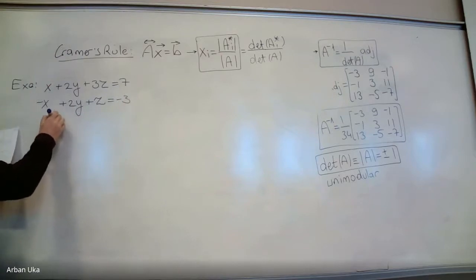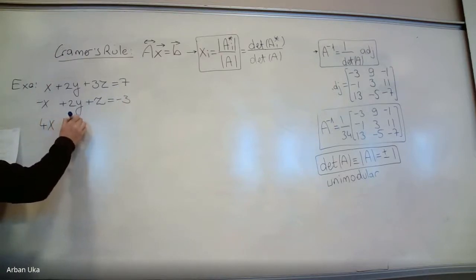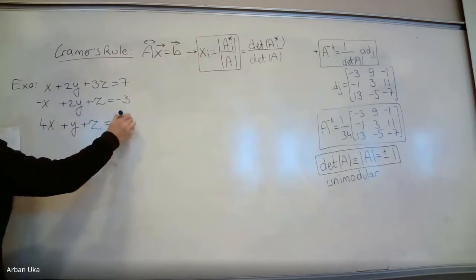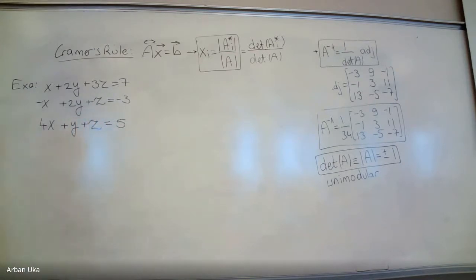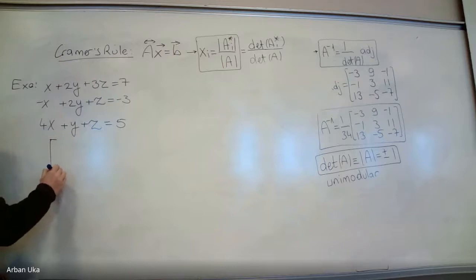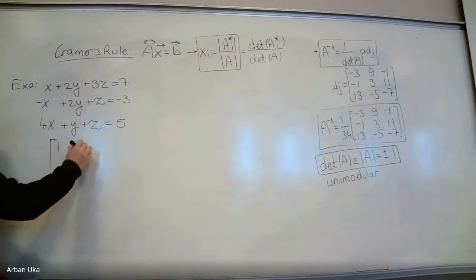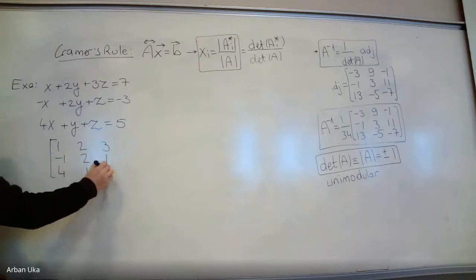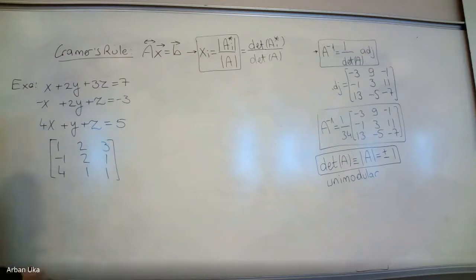Then we get 4x plus y plus z equals 5. So here we have the system of linear equations, and the next thing we need to do is determine the coefficient matrix A, which is 1, 2, 3, minus 1, 2, 1, 4, 1, 1. This is the coefficient matrix.